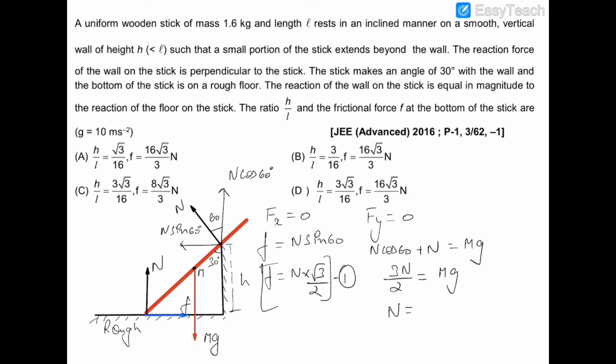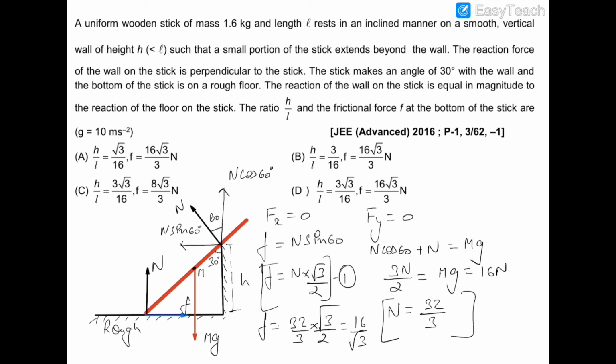So n will be equal to 32 by 3 newtons. This is the value of n, and the friction will be equal to 32 by 3 into root 3 by 2. So it is equal to 16 by root 3.